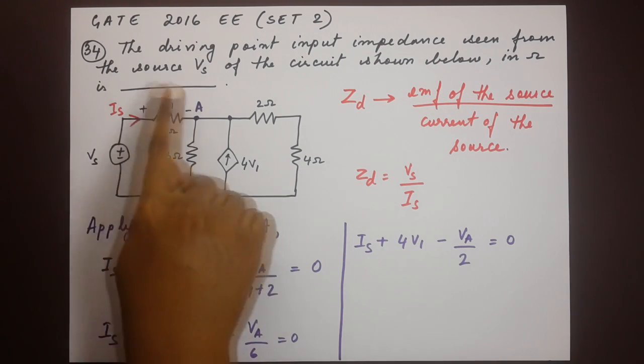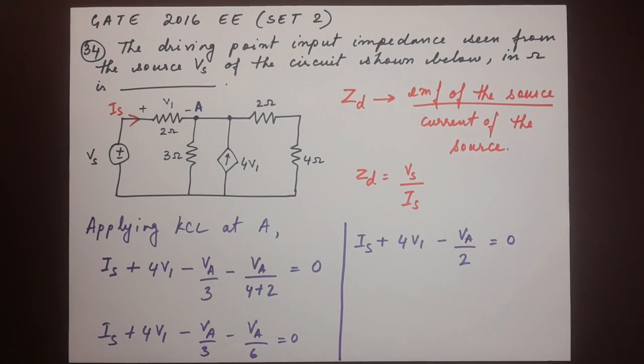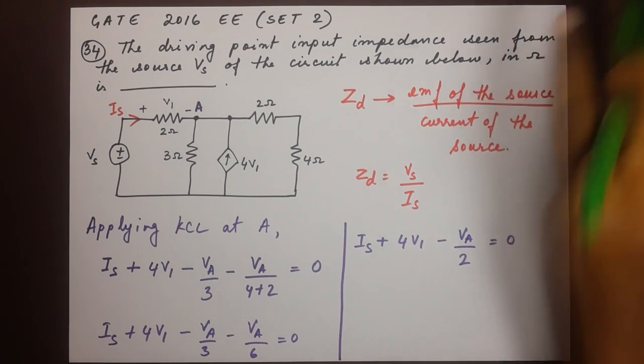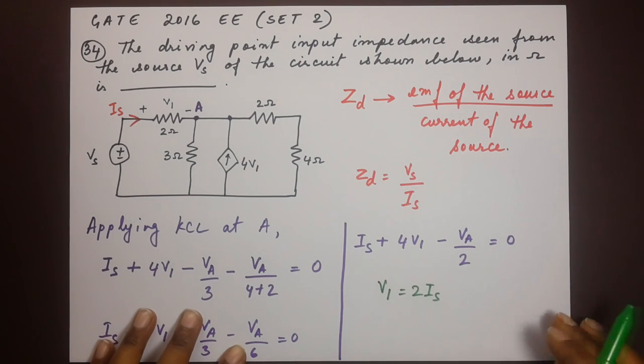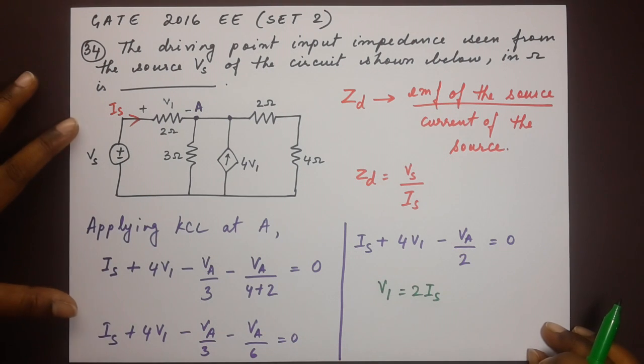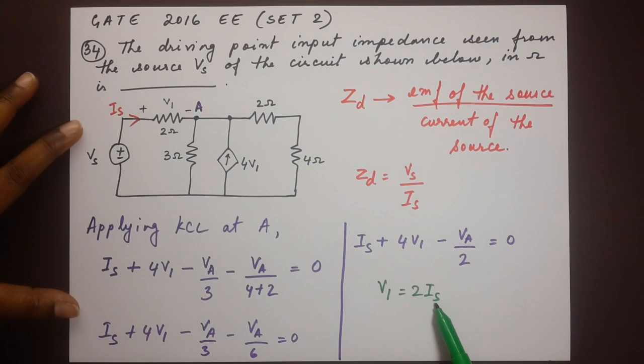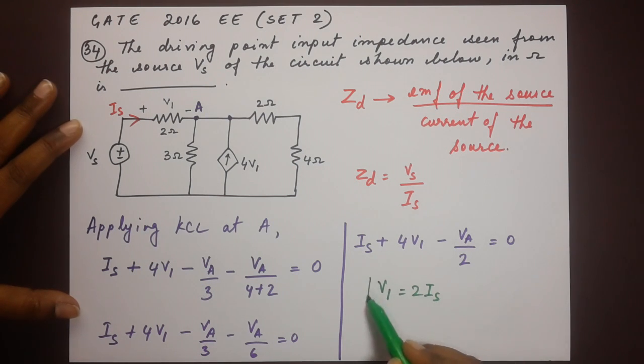So using just that quotient we can write down one expression. We know that V is equal to IR, R is 2, I is Is. So this is one relation, V1 is equal to 2Is.